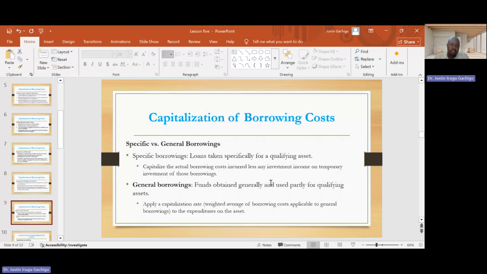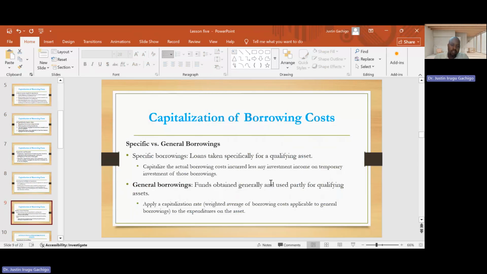Then we have the specific versus general borrowing. So the specific borrowing, these are loans taken specifically for a qualifying asset. So if, for example, we are building a manufacturing plant, you take a loan and you direct everything to the construction of the manufacturing plant.